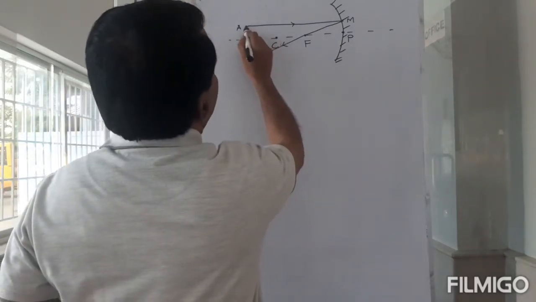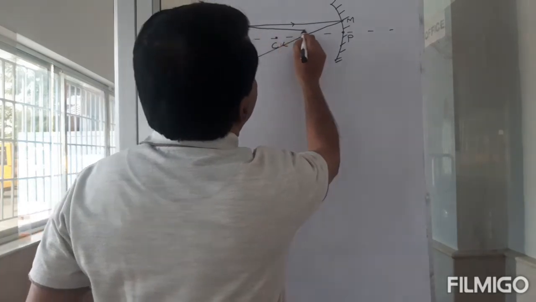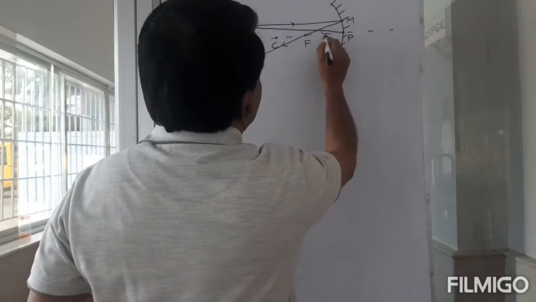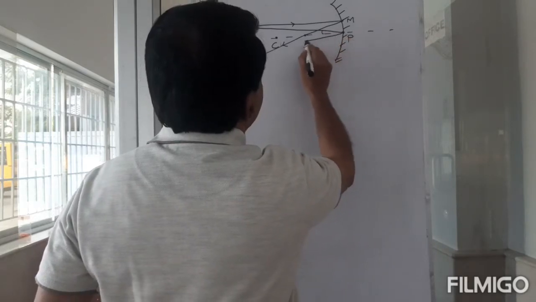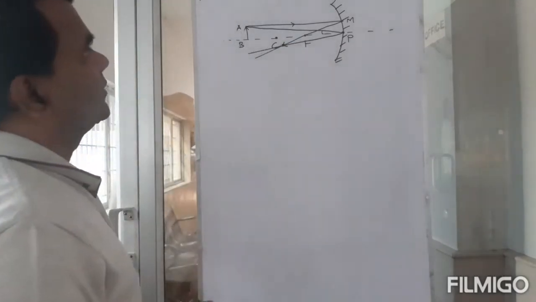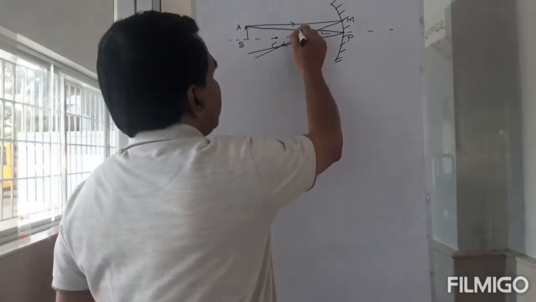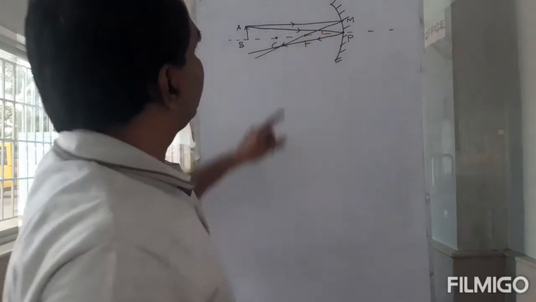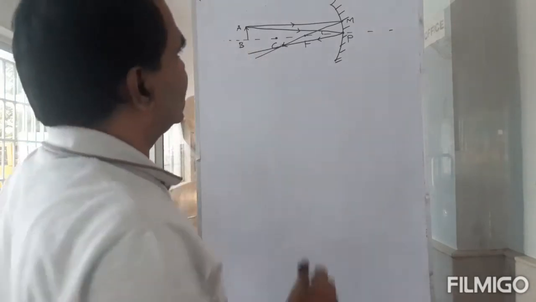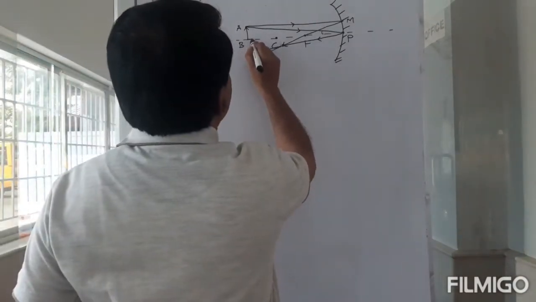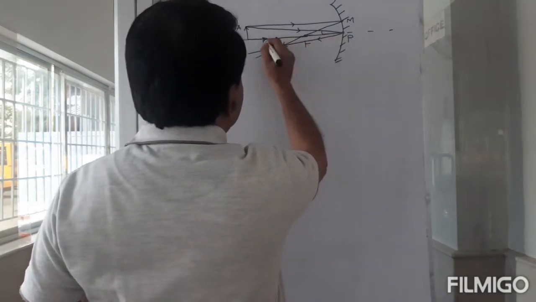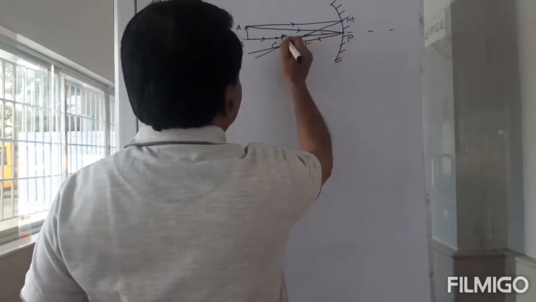The ray that hits the pole, and then this is theta, and this will also be theta. This is the point. So this is the top. And the bottom, again, it will go here and then get reflected back. It will come back like that.